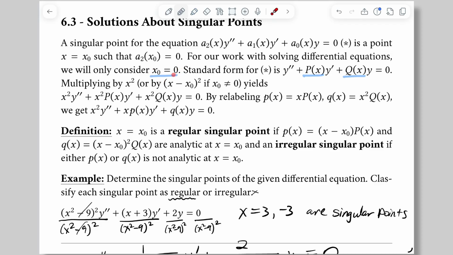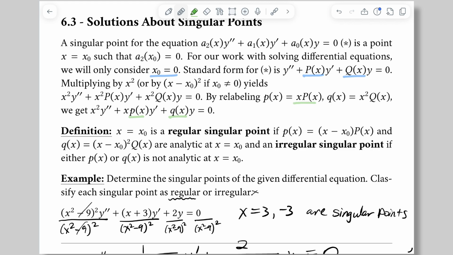If a number zeroes out the y double prime term, then we won't have a power series representation for either P and/or Q centered at that point, and that point will be singular. That singular point is regular if lowercase p and lowercase q are both analytic at that point.